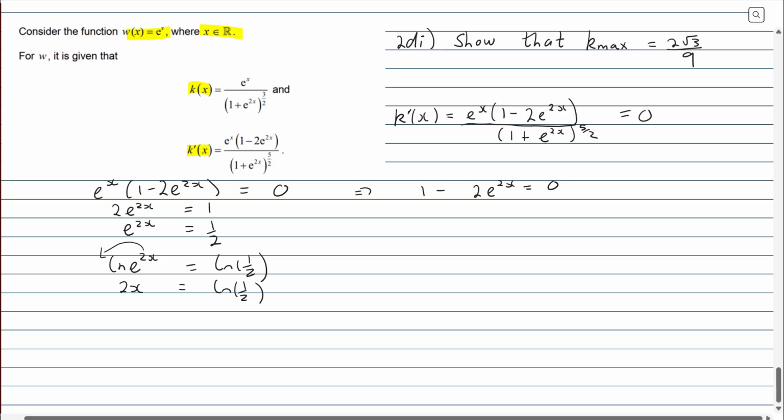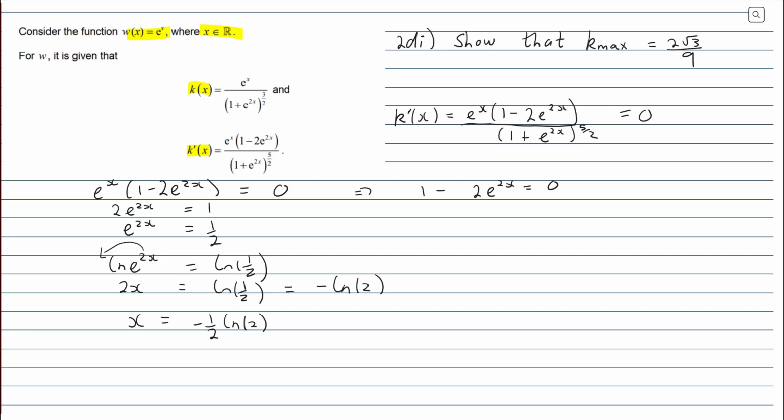And therefore, I can actually write this out without the fraction in there. So I'll have ln half, which is equal to ln 1 minus ln 2. ln 1 is just 0, so this is going to equal negative ln 2. So that's 2x, so therefore x is going to equal negative 1 over 2 times ln 2.